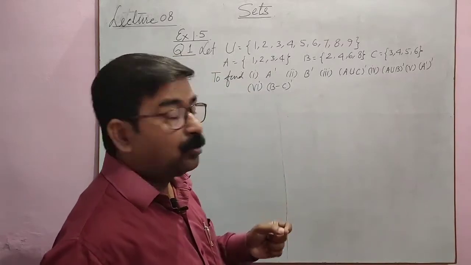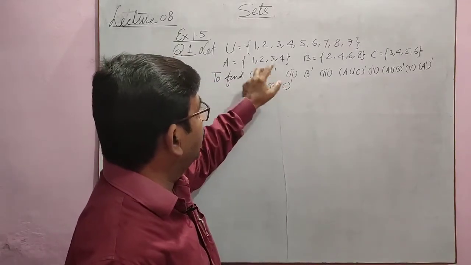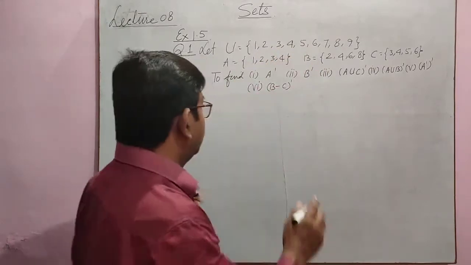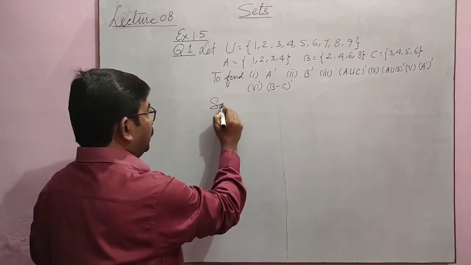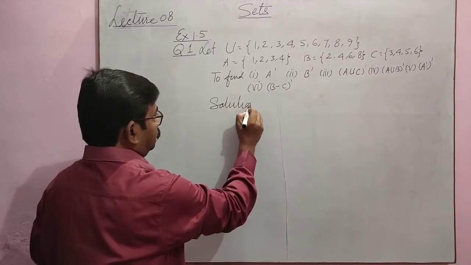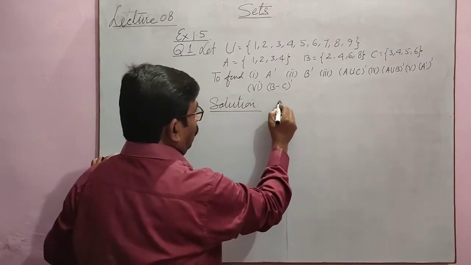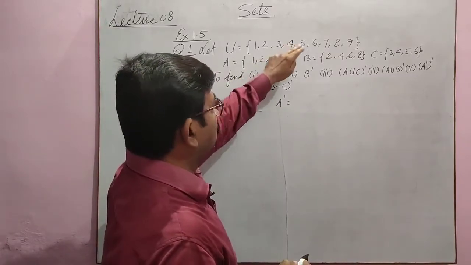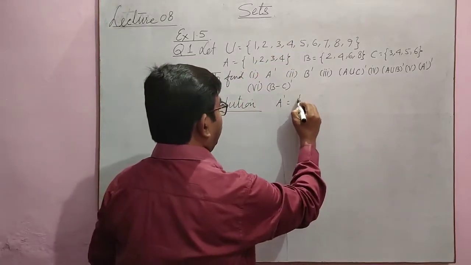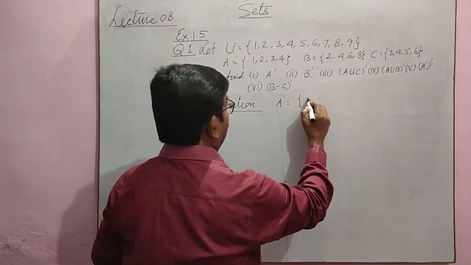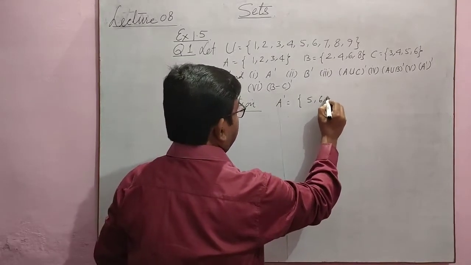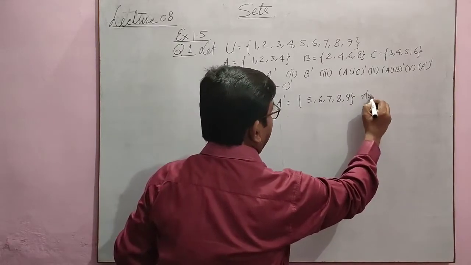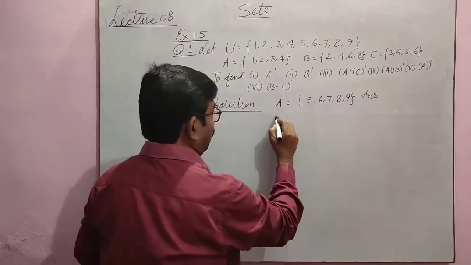So when we find the complement of A, we will remove all these elements from the universal set. Solution, complement of A: 5, 6, 7, 8 and 9. These elements are left. So this would be the answer.